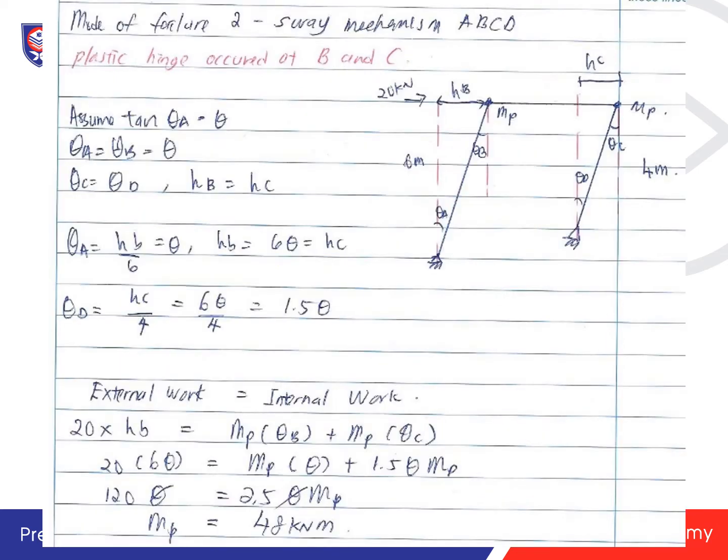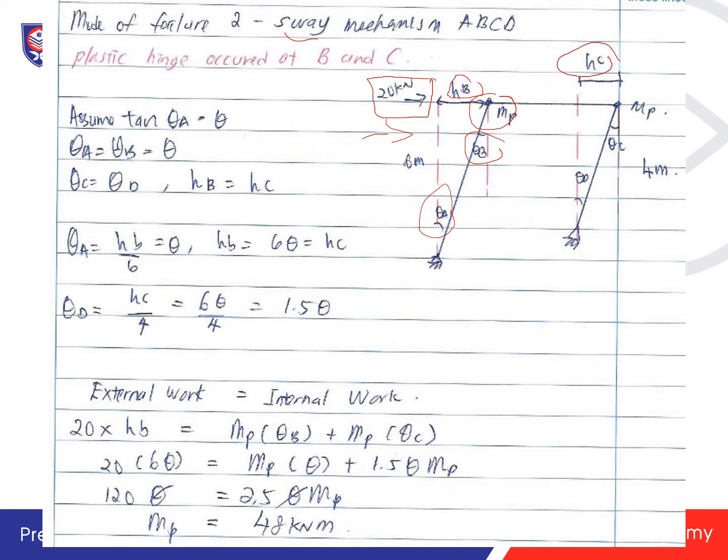Okay, and then mode of failure 2 is caused by the sway from the 20 kilonewton horizontal force. When you apply this horizontal force on the portal frame, it will cause it to move to the right. So here you will have a theta A, and then here you will have a theta B and an MP. Because it moved, here you have an HB and you will have an HC.